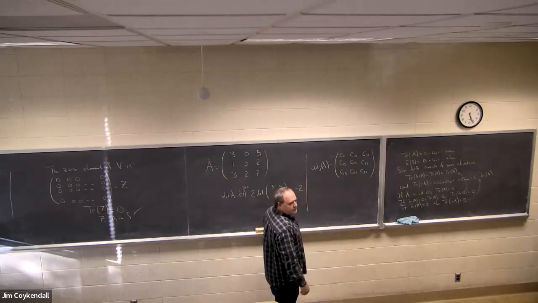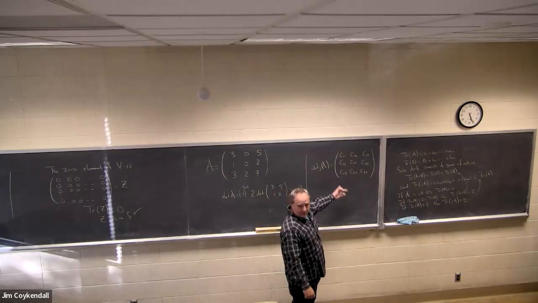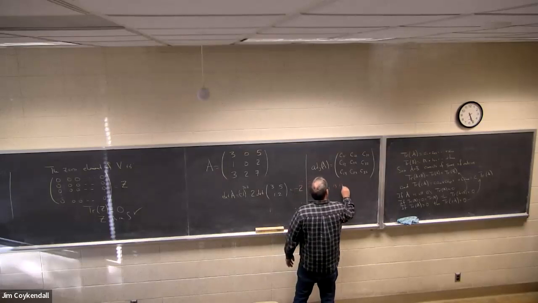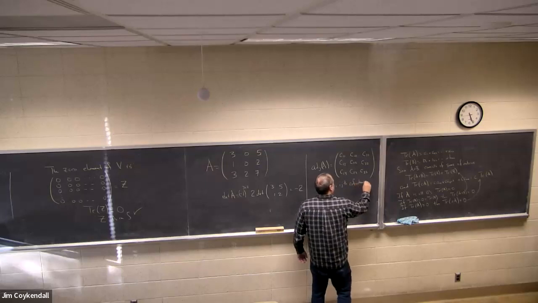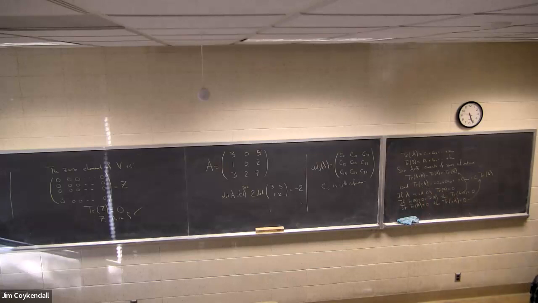Yeah. This is the transpose of the cofactor matrix, where Cij is the ij cofactor. I don't just write that for your explanation. If I were doing this problem, I would literally write that on my test.